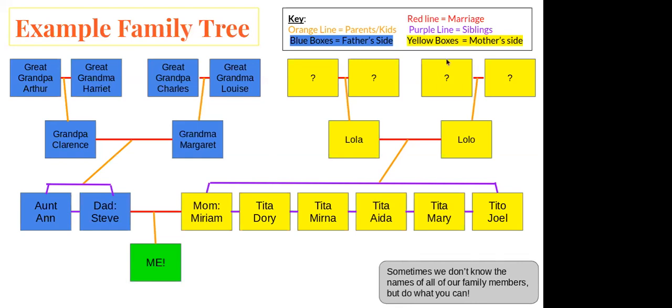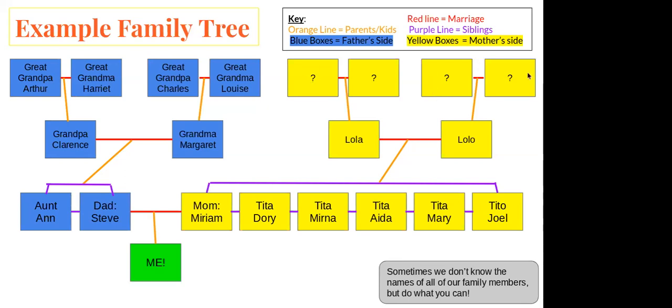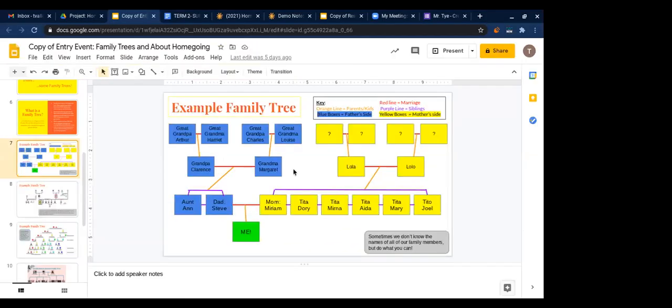What do we notice about these boxes over here on mom's side? Do we have the same kind of info over here in these boxes that we do for the ones in dad's side? What's different here?